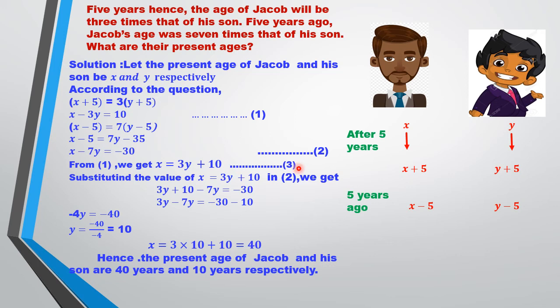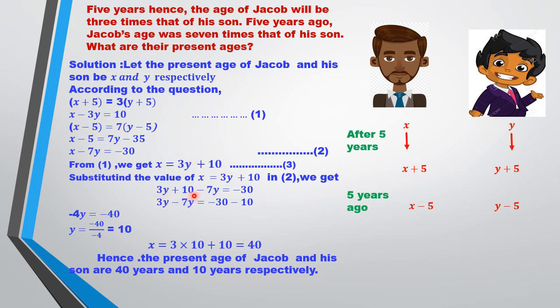This is equation 3. Now once equation 3 is formed, we will substitute this value of x in one of these equations. Which equation? Yes, in equation 2, because we found the value from equation 1. So we will not substitute it in this equation. We will substitute it in equation 2.